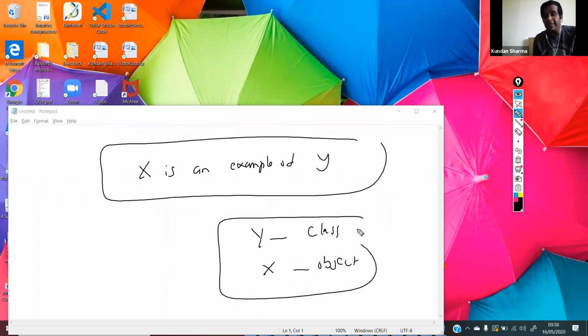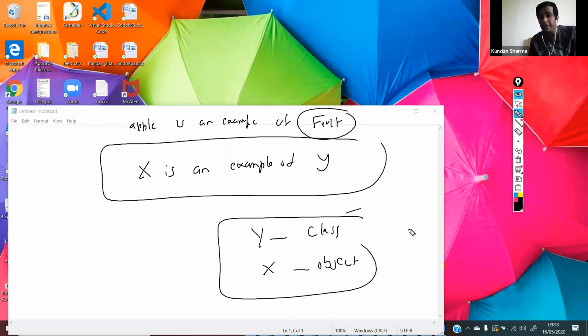Right? So Y is a class, X is an object. So what we can write here, if I say apple. So apple is an example of fruit, isn't it? So what is fruit? Fruit is a class, apple is an object. Is this clear? Yeah.